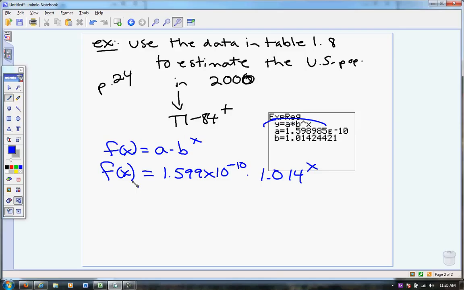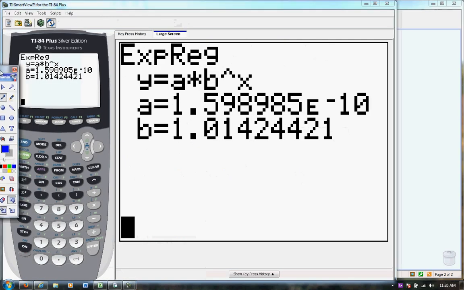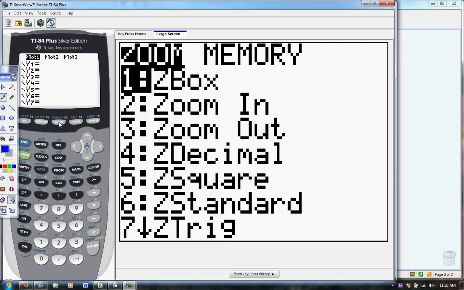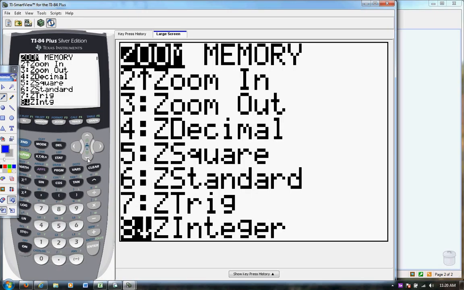Now, if I wanted to look at this as a scatter plot, you remember how to do that, right? I would go back to my graphing calculator. I would go to y equals, go up to my plot, make sure it's turned on. All right. And then I would go to zoom stat, which is 9.